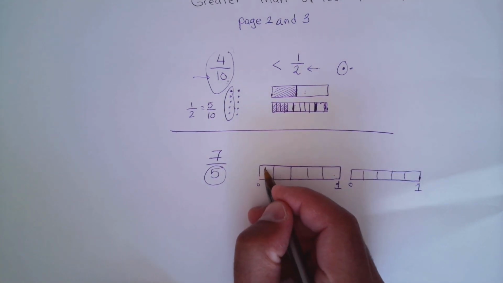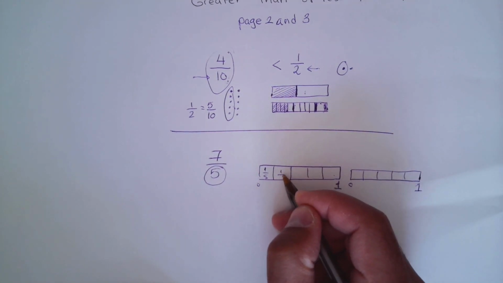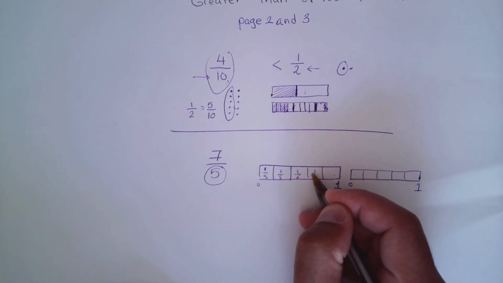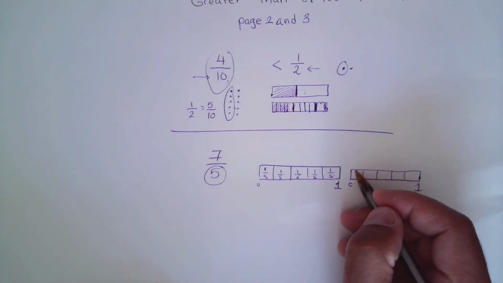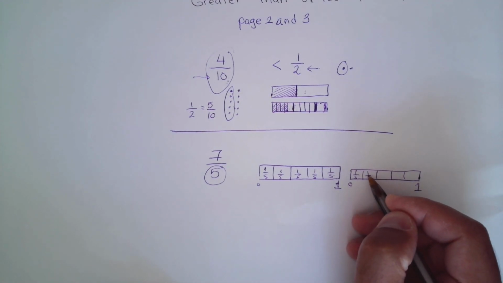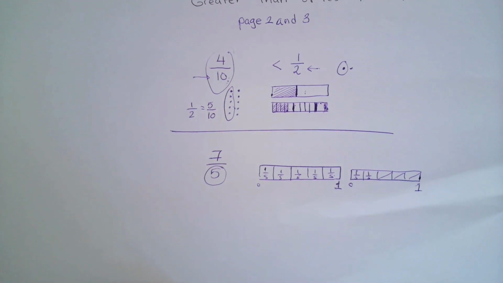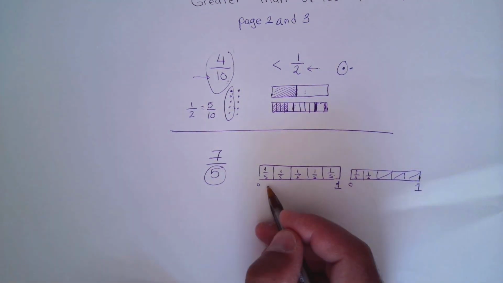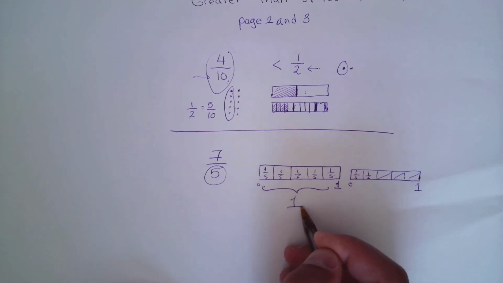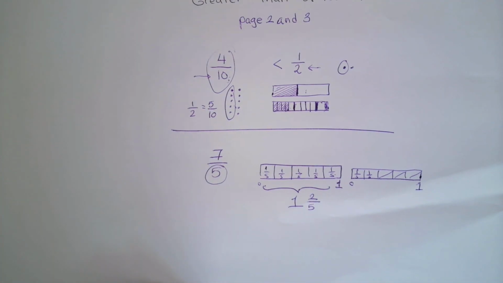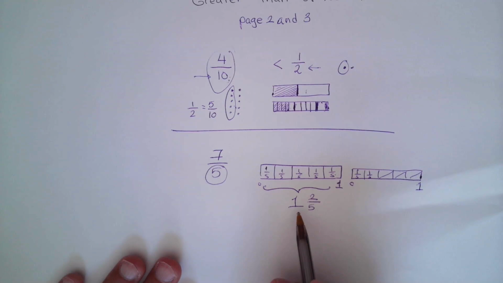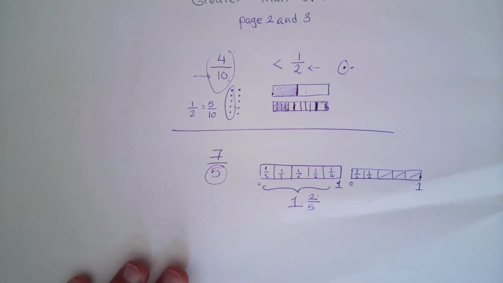Now, how many are there? 1/5, 2/5, 3/5, 4/5, 5/5. So we have a whole and 6/5, 7/5. We're missing 3 pieces from the other one. So actually we have a whole and 2 pieces of fifths. Okay, so here we have a fraction that is more than a whole by 2 fifths.